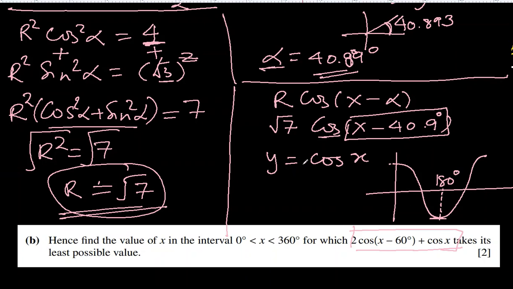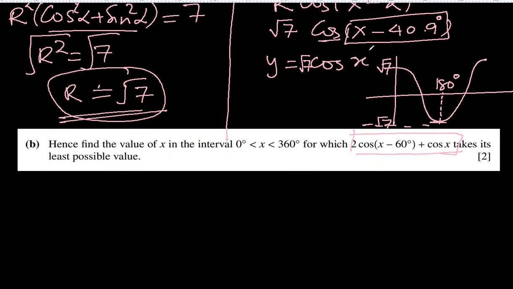Now, what is the maximum value if I put a square root 7 in front? That becomes the amplitude. So this becomes the maximum value and this becomes the minimum value. But they are not asking what is the least value, right? They're asking where does it take the least value. So if x was there, 180 was the position where it took the least value.